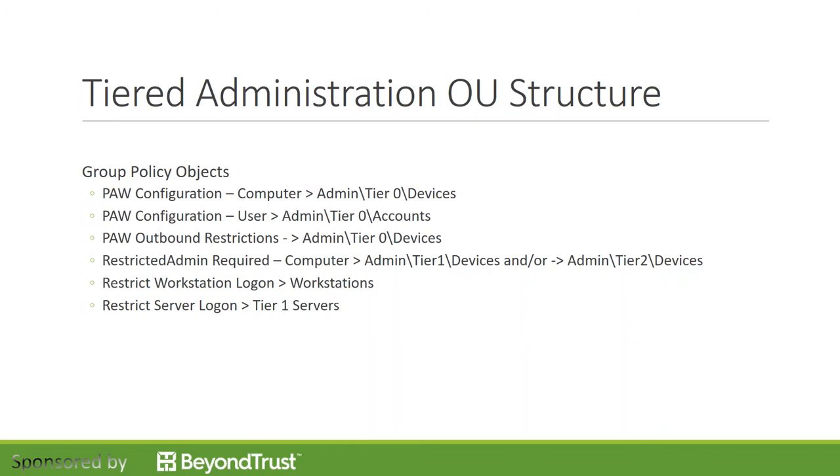There is a template of firewall settings that you can import into a group policy object to create this one automatically. But if you go back to those instructions, to that link on the 2 slides back, there's a whole list of instructions about how to create these group policy objects. It's quite a long process, but you can create them manually and you can link them to the OUs as you can see in the slide there.